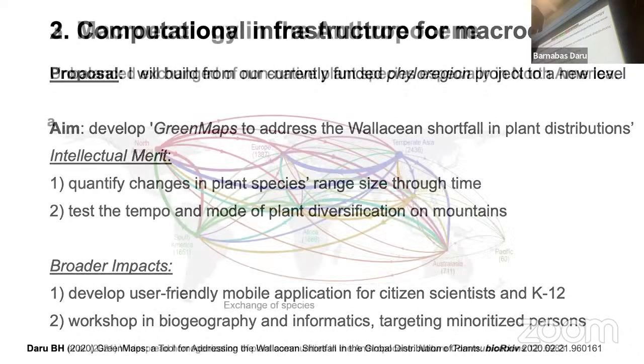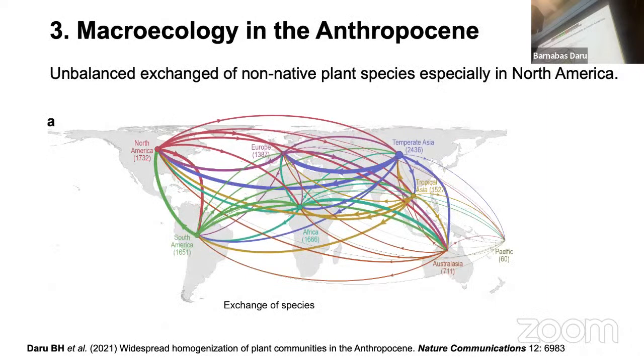So yeah, and then for the third objective, to quantify macroecology in the Anthropocene, we simply want to understand what mechanisms drive the unbalanced exchange of non-native species.